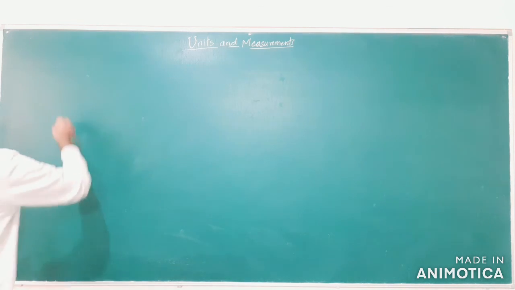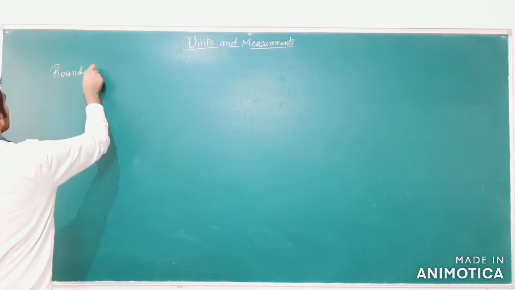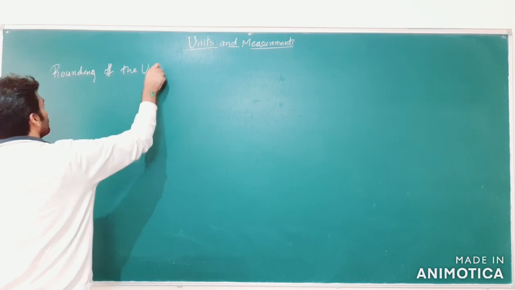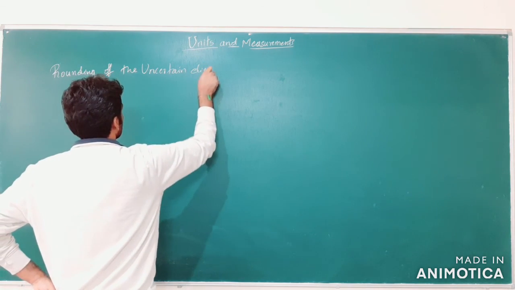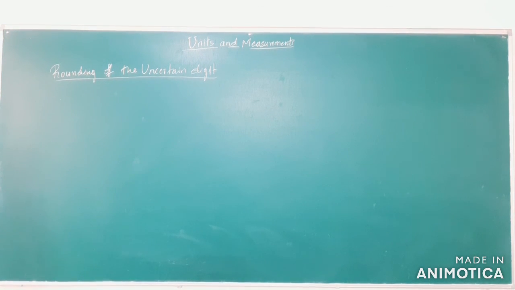So it's about rounding off the uncertain digit.